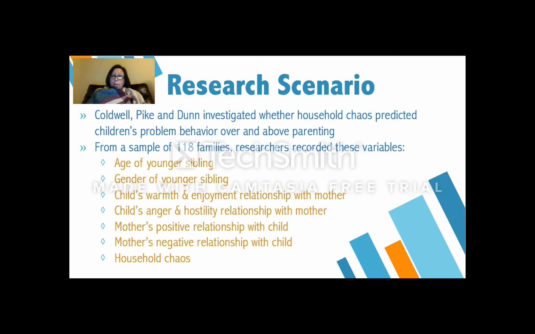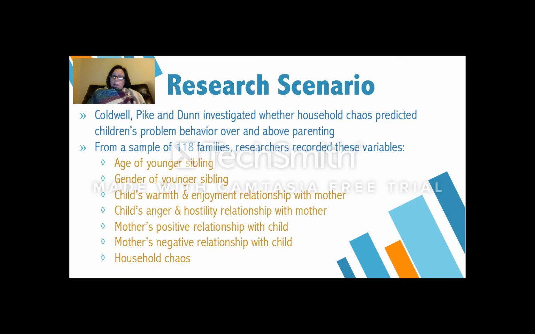Now I want to tell you a little bit about the research scenario we're using in this online lecture. We're going to be referring to task 7 in the Smart Alex examples that you have at the end of the chapter. Caldwell, Pike, and Dunn investigated whether household chaos predicted children's problem behavior over and above parenting.